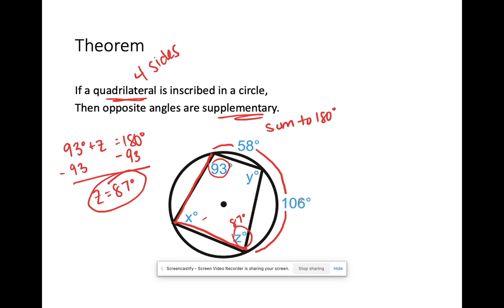And I can add together the 58 and the 106 degrees. That's going to be a total of 164 degrees for that arc. Angle X is going to be half of that arc measure. So X degrees is going to be 1/2 of the 164, which means that X is going to be equal to 82 degrees.